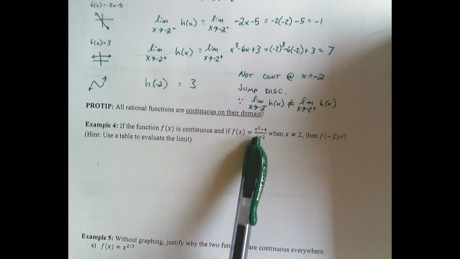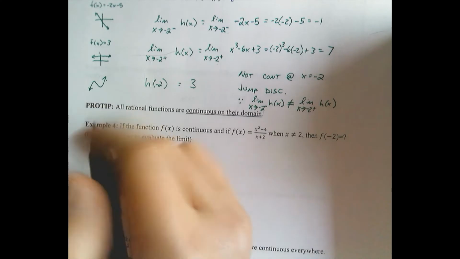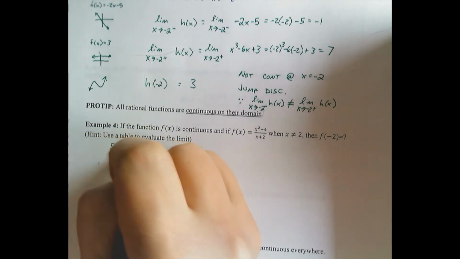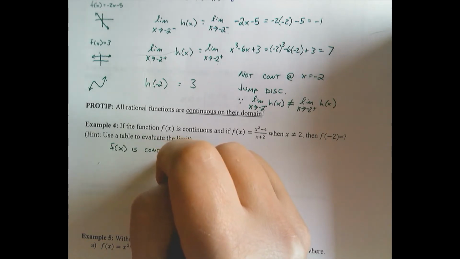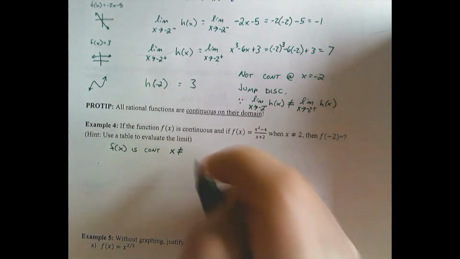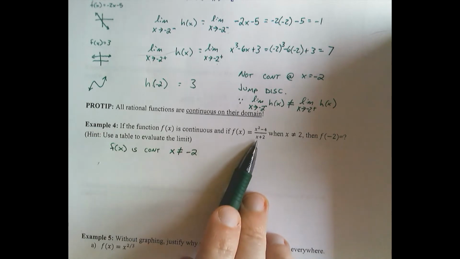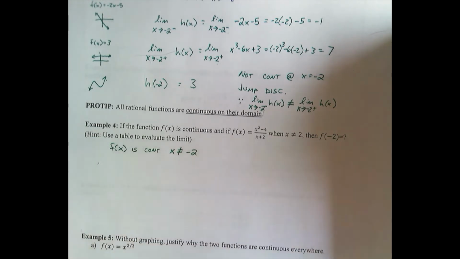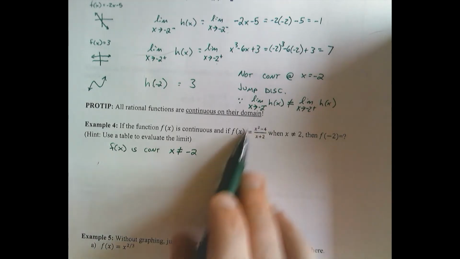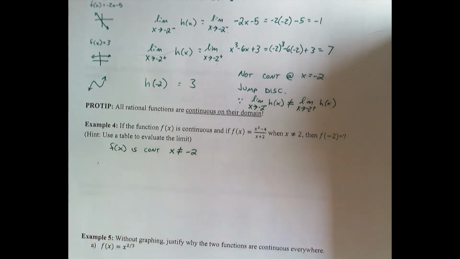So this function f of x is continuous everywhere except at -2. At -2, this function is not continuous because that is outside the domain of this problem.